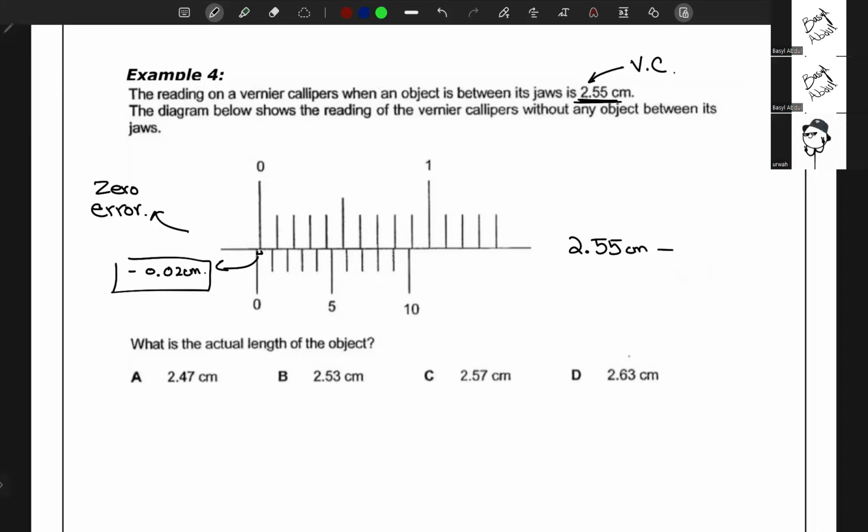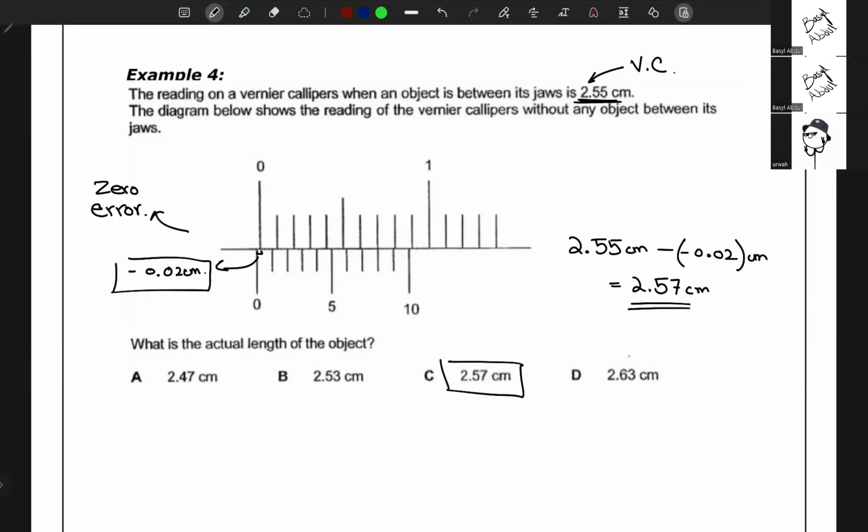So we'll subtract from it. And the zero error is minus 0.02 centimeters. And this gives you 2.57 centimeters, because these two minus would make a plus, and then you'll be just adding 0.02 to this value. So that's the actual length of my object, 2.57 centimeters.